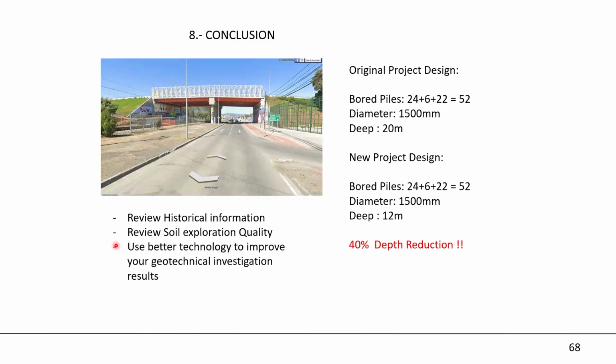It's possible to reduce the cost, but you need to know that you reduce the uncertainty. That's the important thing. Okay, and we reduce the time of the project by like 2 months with that modification.